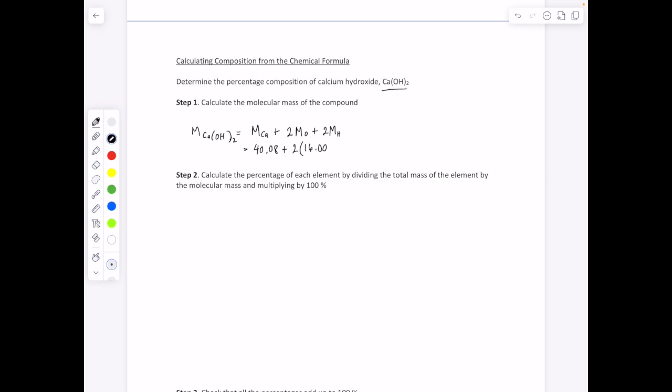And remember, these are grams per mole. And the molecular mass of hydrogen is 1.01 grams per mole. So the molecular mass of calcium hydroxide is 74.10 atomic mass units, or grams per mole.